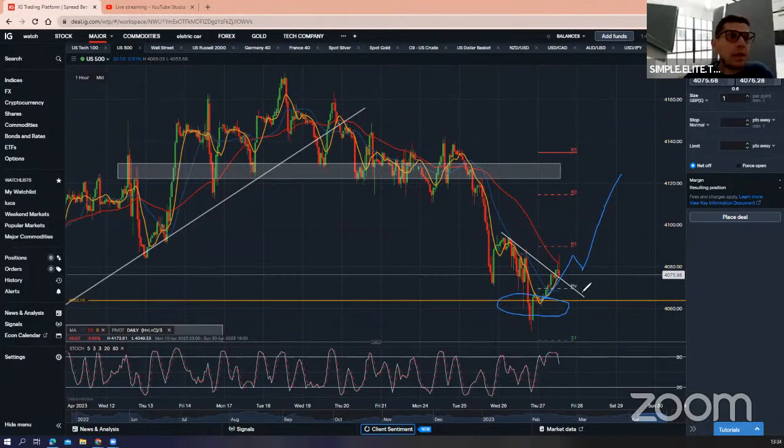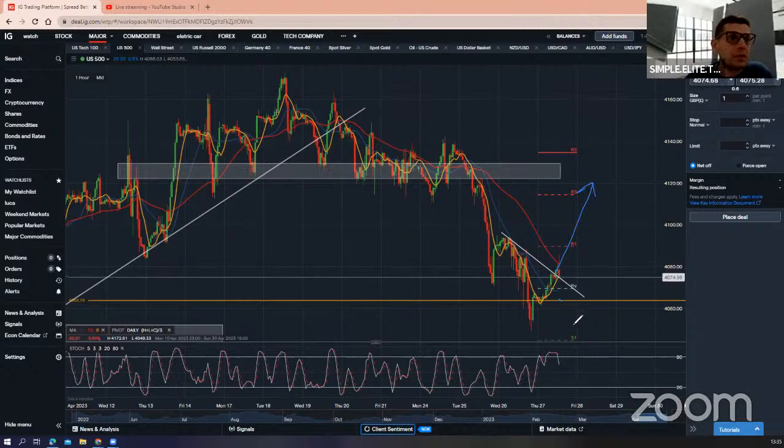At the moment, I'm sitting and waiting to see how the market is going to respond, because there is a little indecision. So let's see if the price is going to go up, or otherwise break this major support level.